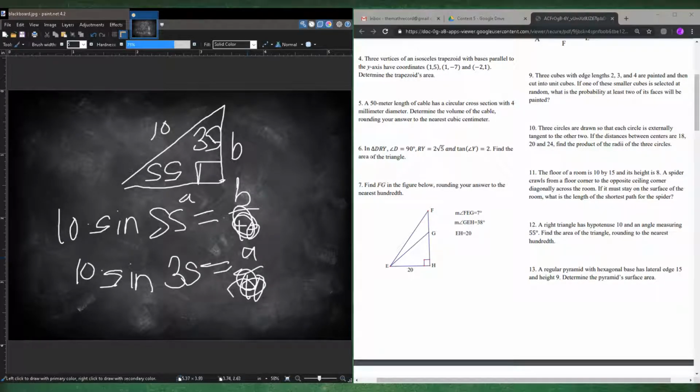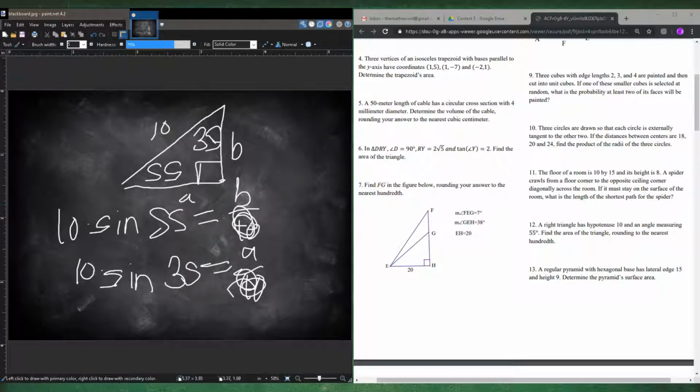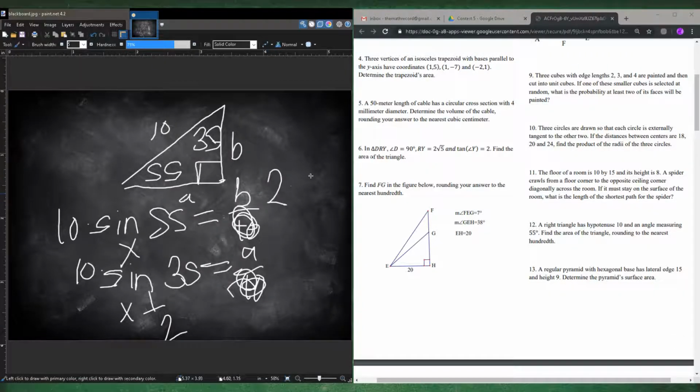What we need to find is a times b divided by 2, because that's base times height divided by 2, the area. So 10 times sine of 55 times 10 times sine of 35, divided by 2, is approximately, rounding to the nearest hundredth, 23.49.